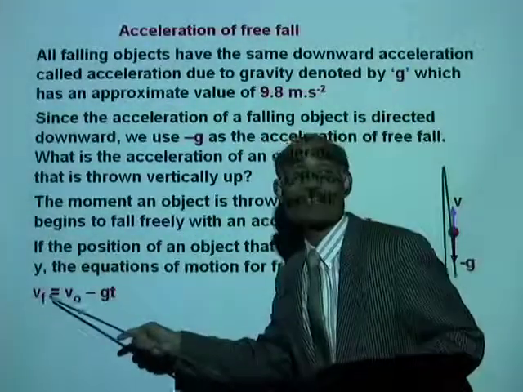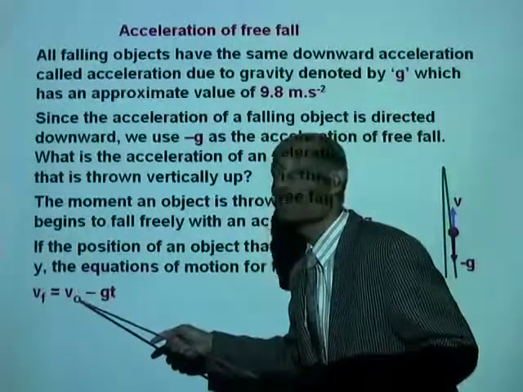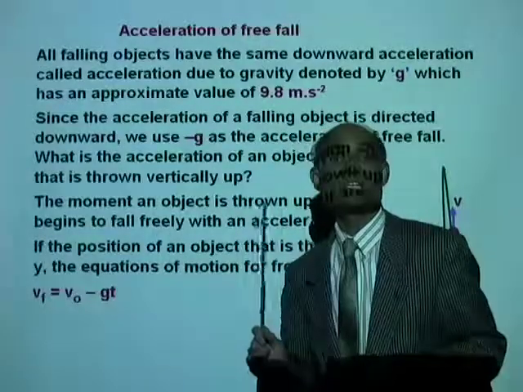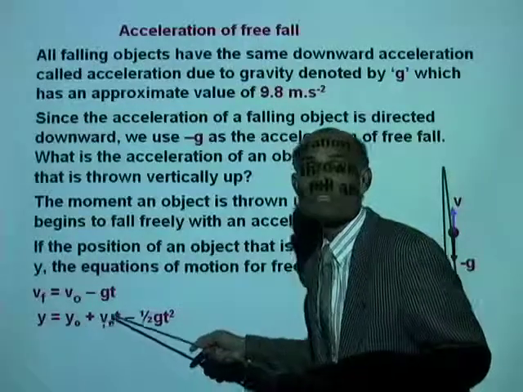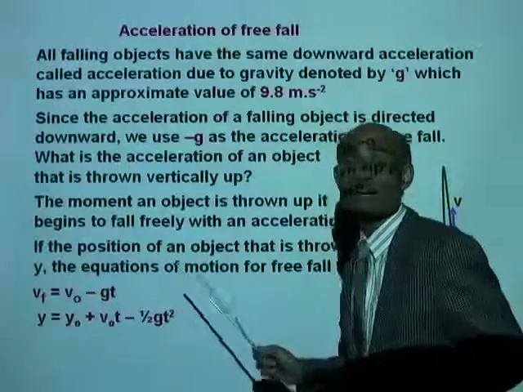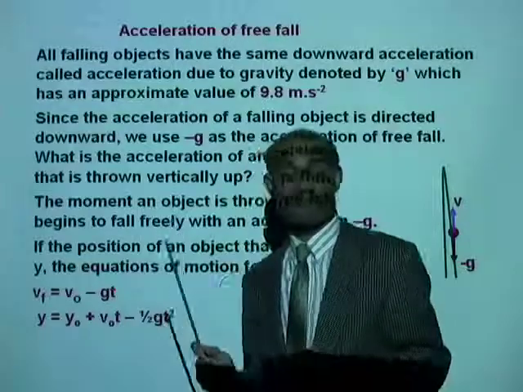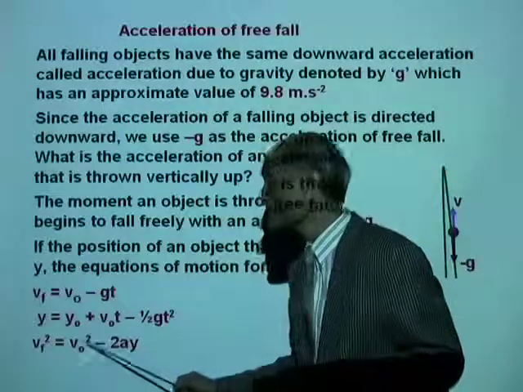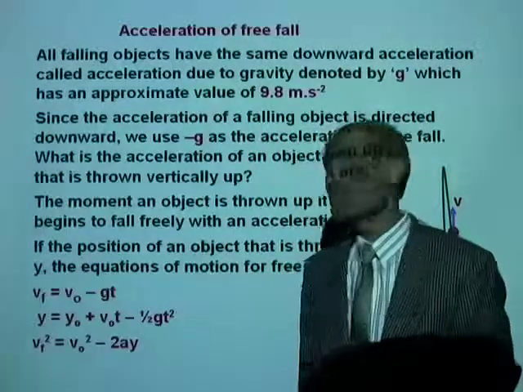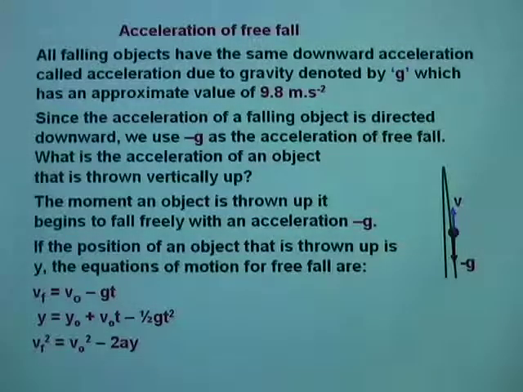So the first equation for a freely falling object is vf equal to v0 minus gt. Then y equal to y0 plus v0t minus 1/2 gt squared. I hope you understand why I'm using y and not x. And what will be my third equation? vf squared equal to v0 squared minus 2gy. Look at that, I forgot to change that a to g. It'll be minus 2gy.